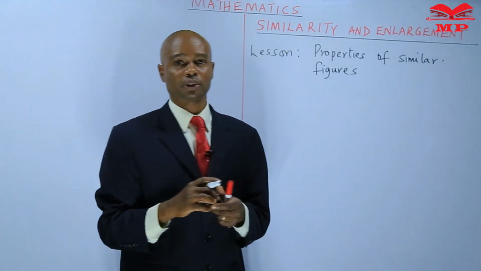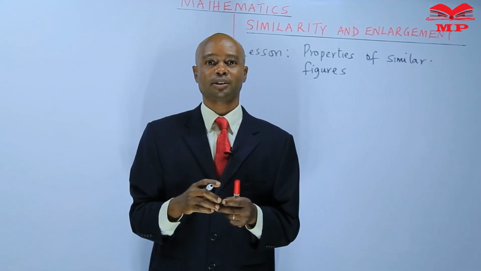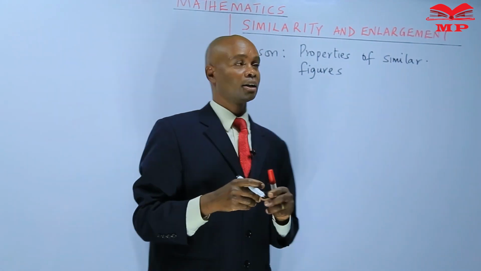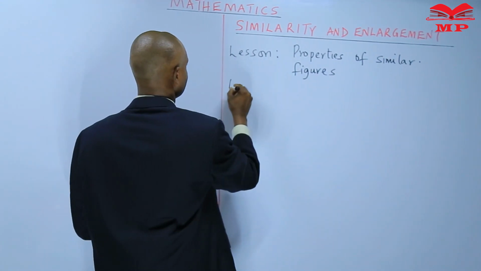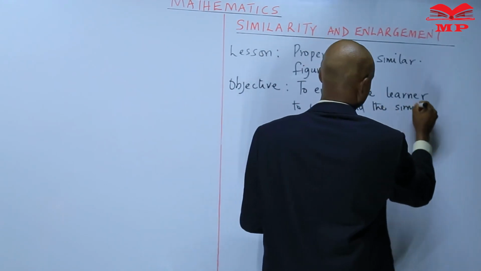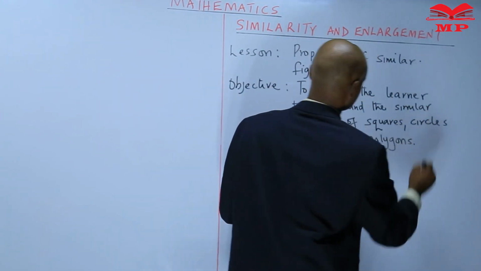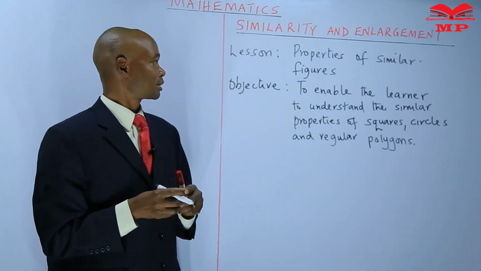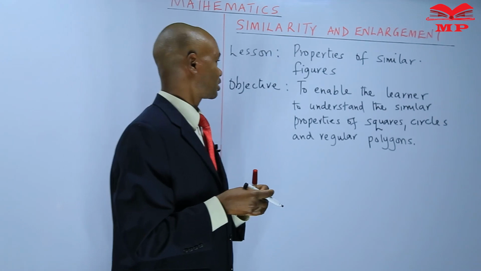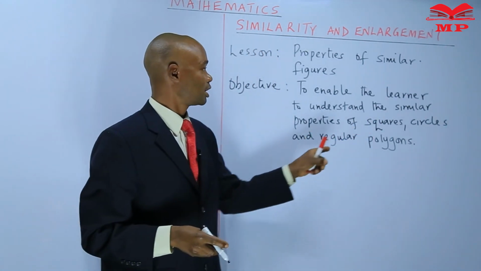On this topic, we shall look at particular figures. That's why I mentioned circles, squares, and regular polygons. As I've written, the objective will be to enable the learner to understand the similar properties of squares, circles, and regular polygons.